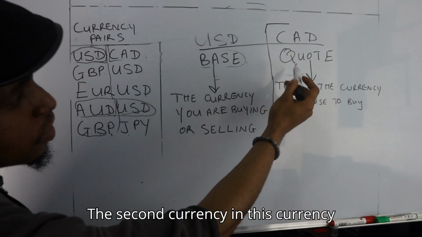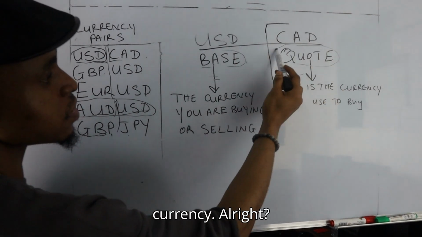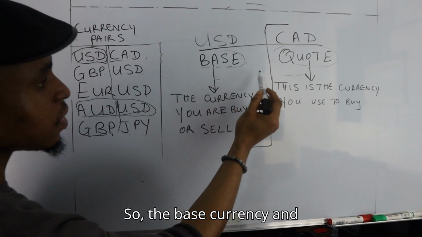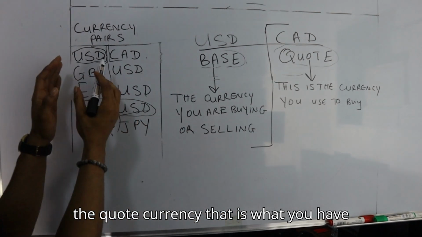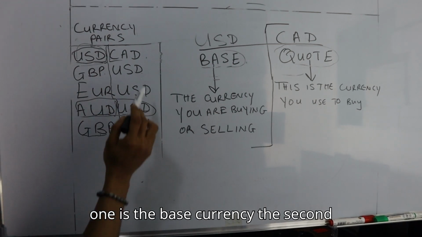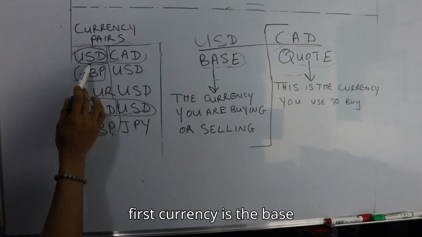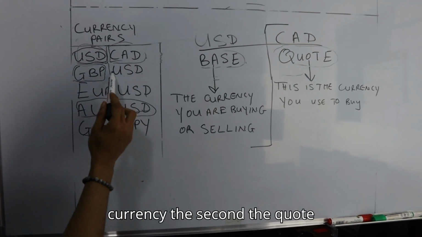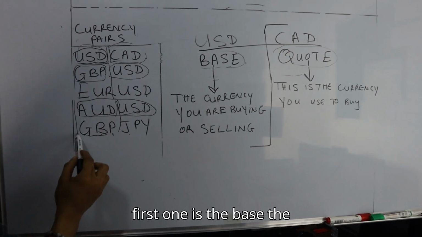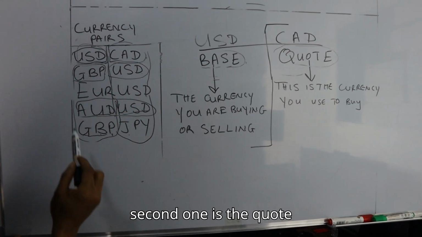The second currency in this currency pair is called the quote currency. All right. So the base currency and the quote currency, that is what you have here. The first one is the base, the second one is the quote currency.